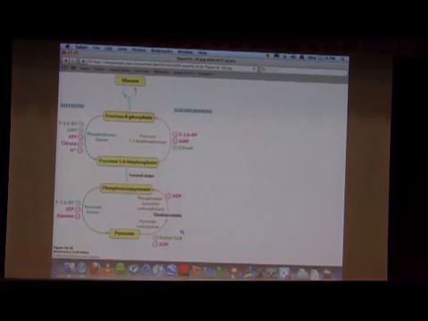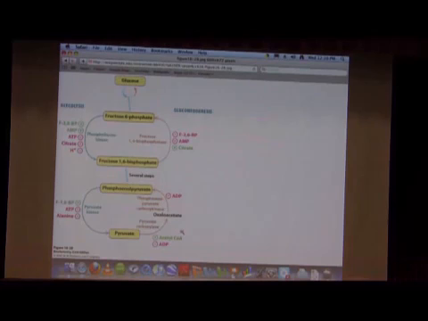The most important one is our friend F26BP. It turns on phosphofructokinase. In very, very low concentrations, it turns off fructose 1,6-bisphosphatase. This is a reciprocal regulator. It's the most important reciprocal regulator of glycolysis and gluconeogenesis because it takes very, very tiny amounts to turn PFK on and turn F16BPase off.